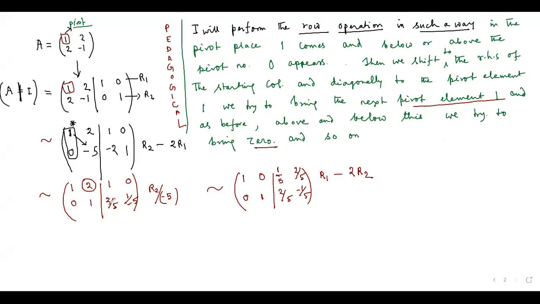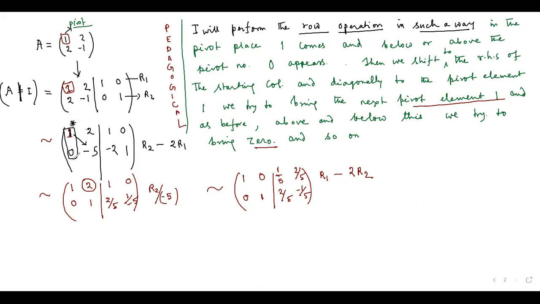Now you see, I have to make these changes in such a manner. Suppose this is the first pivot number. I made it 1. It was already 1. And after that, I tried to make the second number 0 without changing the structure of the first number. The operation should not be of the kind that once the requirement is fulfilled and you make the next change, the previous change gets distorted.